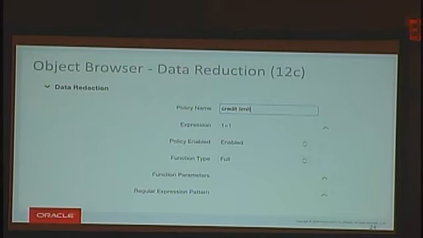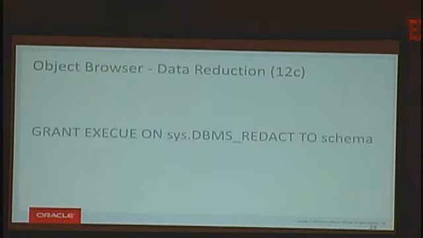If you modify an existing column, you will see a new area called data redaction, and you can specify those policies. If you want to use it, your schema has to have the DBMS_REDACT privilege, that package, so that you can actually use it within SQL Workshop. So you have to grant it, or a DBA has to grant it.